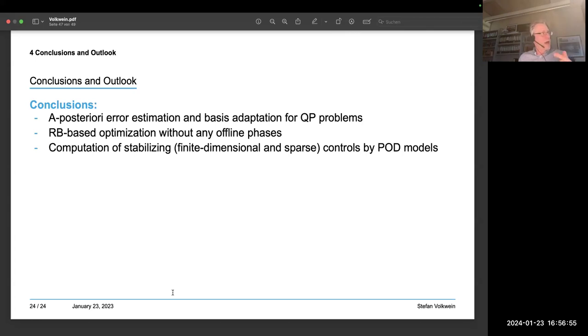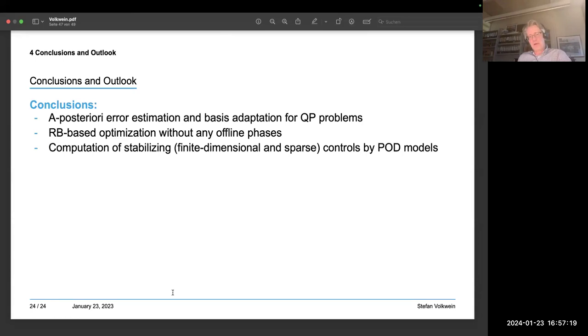When you don't want to spend much time in an offline phase, then of course online computation of the basis might be something you can think of, and have a look at these trust region approaches used in the Kian group and in our group.